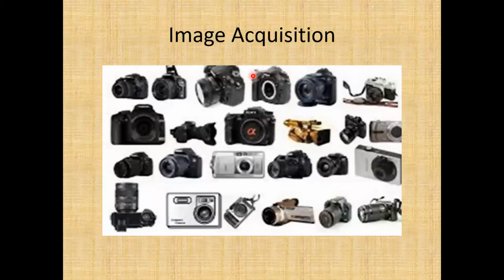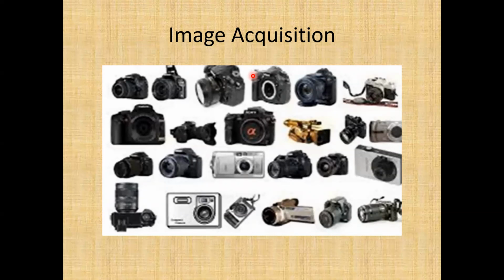if we are going to capture or enhance an X-ray image, then our image acquisition device is going to be an X-ray device. We need an X-ray device. Likewise, if we want to acquire or study some microbial features, then the image acquisition device is going to be a microscope.